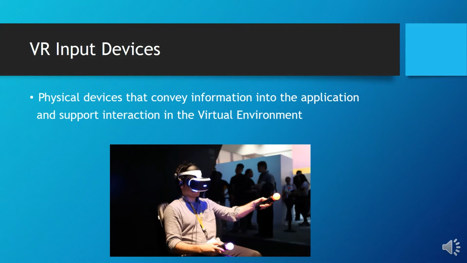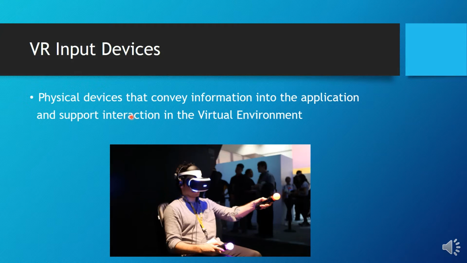All right, let's move into the VR input devices. What are input devices? In computing, an input device is a piece of equipment that we can use to provide data and control signals to an information processing system such as a computer or information appliance. But when it comes to VR input devices, it can refer to physical devices that can convey information to the application, and also support the interaction in the virtual environment.